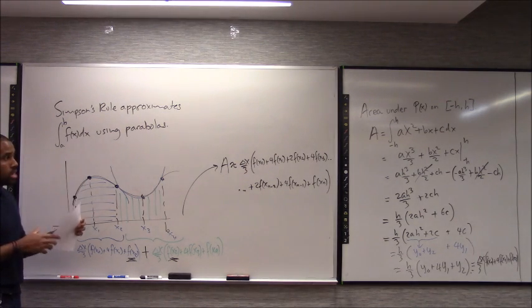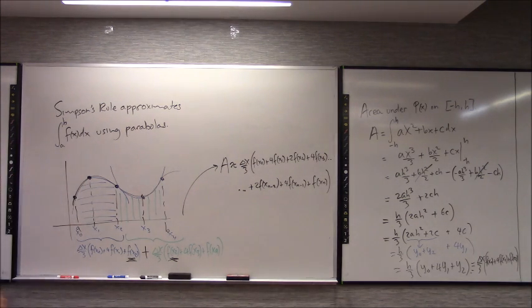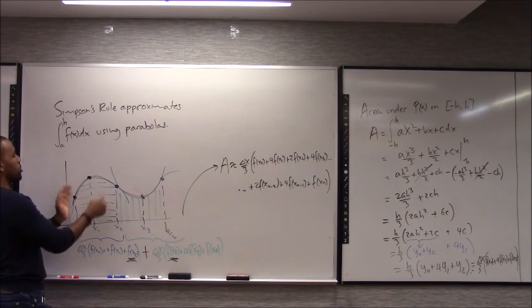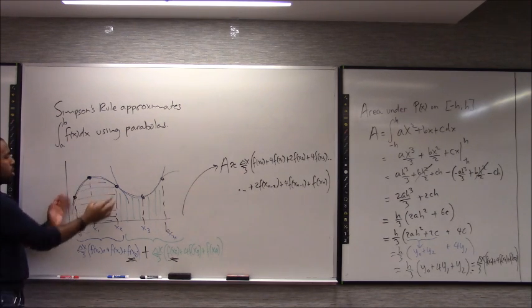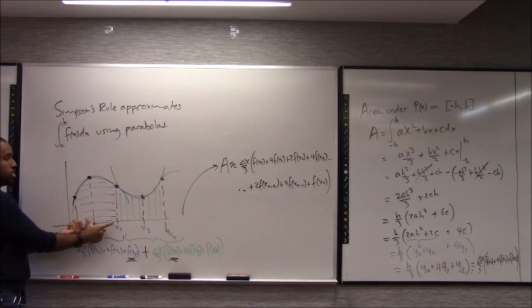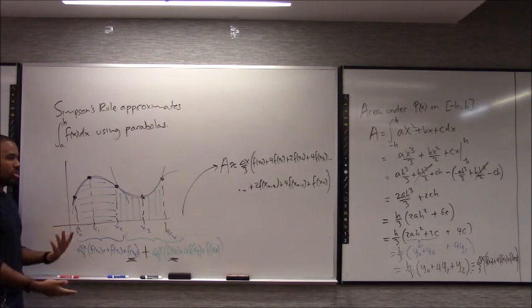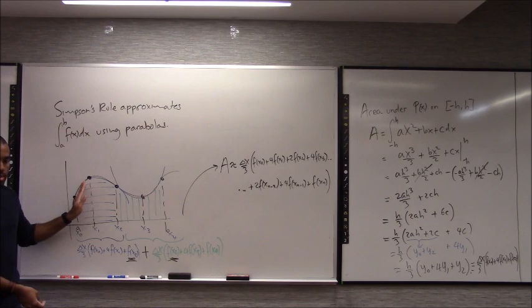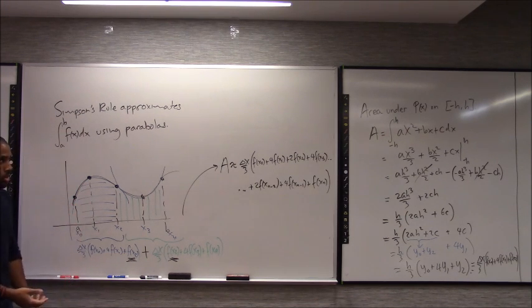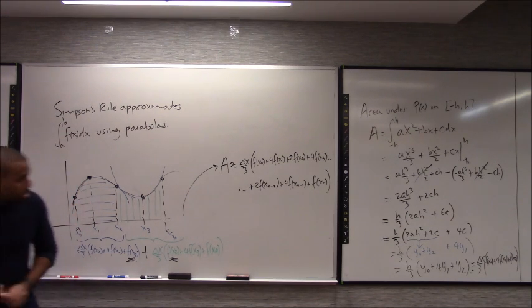One other thing that is peculiar with Simpsons Rule is that because to get a parabola you need 3 points, and you'll notice that under each parabola there are 2 distinct sections. So pretty much if you're going to apply Simpsons Rule, you would need an even number of subintervals. It won't work with an odd number of subintervals, because then I would need 2 points to define a parabola, which isn't going to work. So that's one thing.